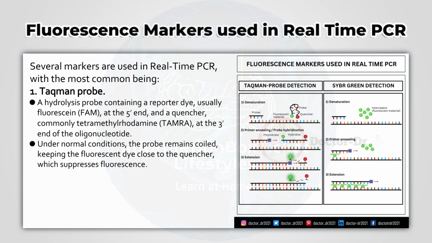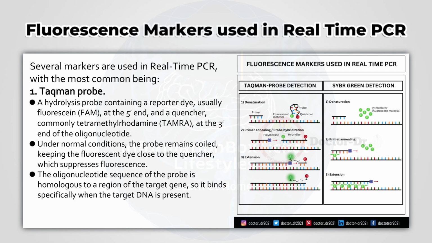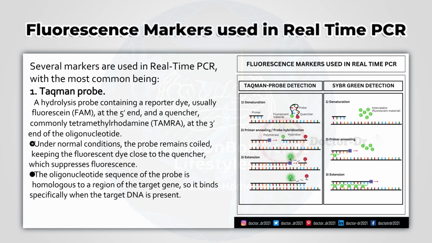Under normal conditions, the probe remains coiled, keeping the fluorescent dye close to the quencher, which suppresses fluorescence. The oligonucleotide sequence of the probe is homologous to a region of the target gene, so it binds specifically when the target DNA is present.